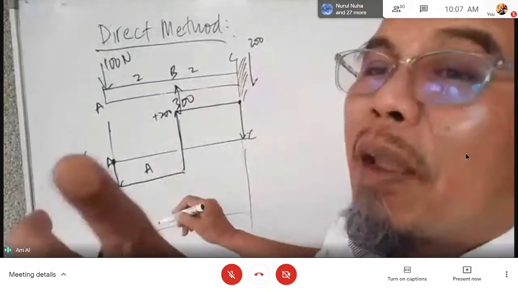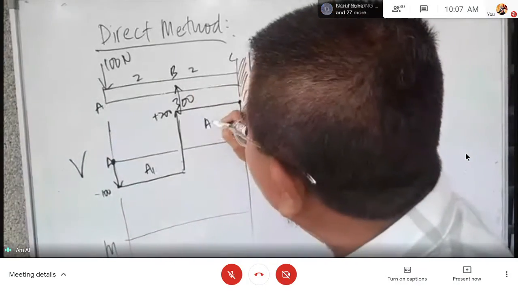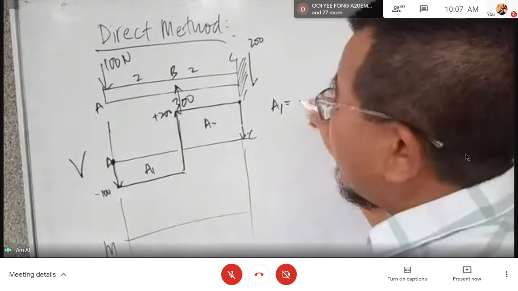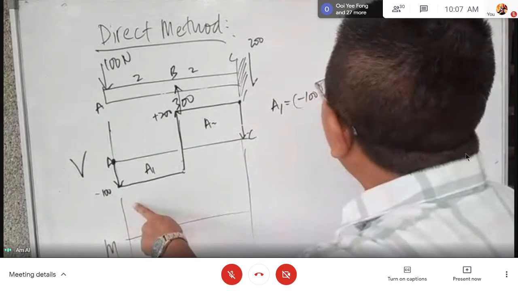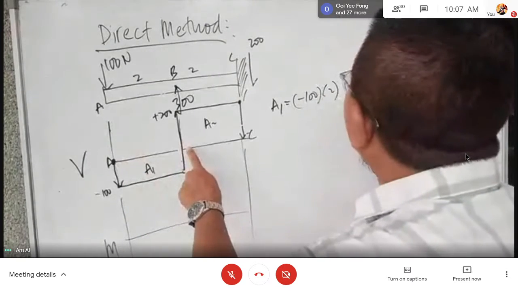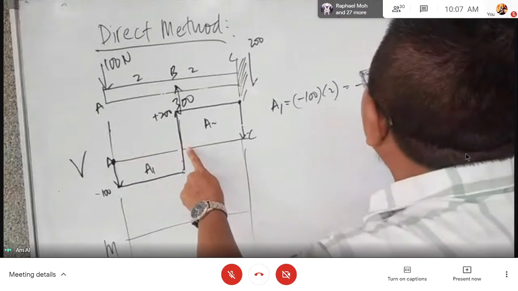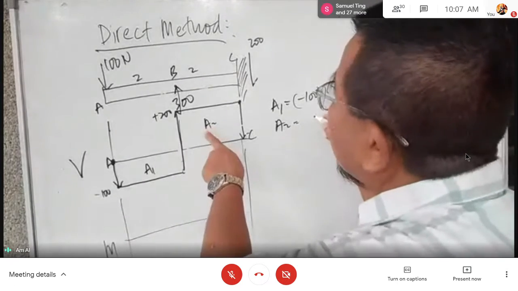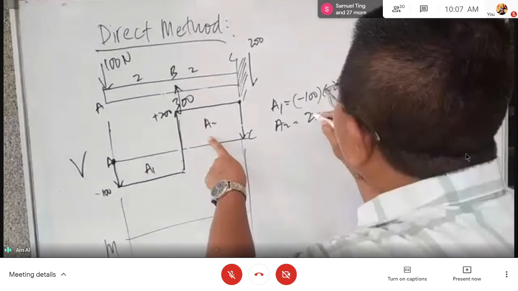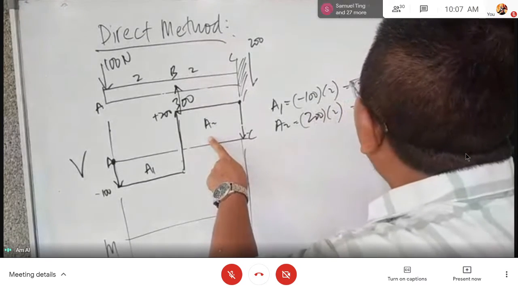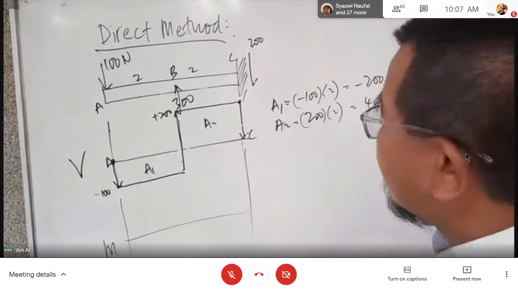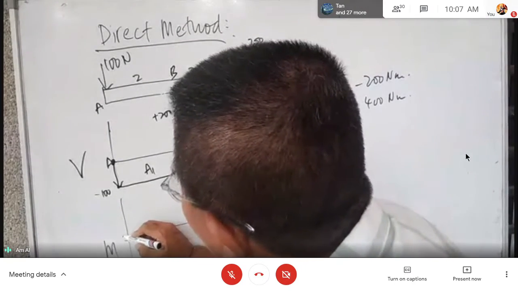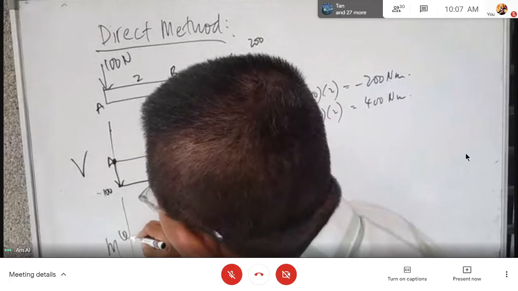So what about the M graph? I mark this one area 1, this area 2. What is area 1? Area 1 is minus 100 times 2. The value is minus 200 meter. Area 2 is positive, so 200 times 2 is equal to 400 meter. So I start from point 1 there, from 0.